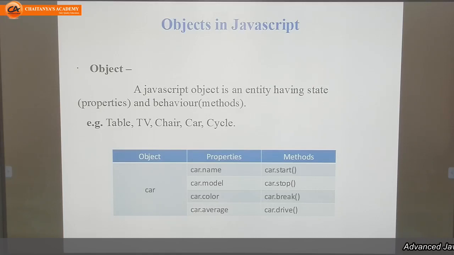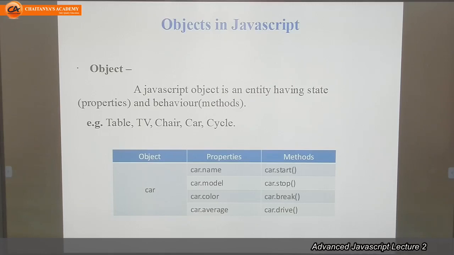For example, if we are going to open a form, that form is one object, and the properties of that form like name, action, method are properties of that form. The methods we use for that form, like submit, reset. So JavaScript is an object based scripting language.